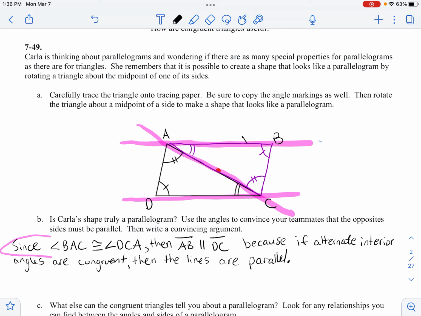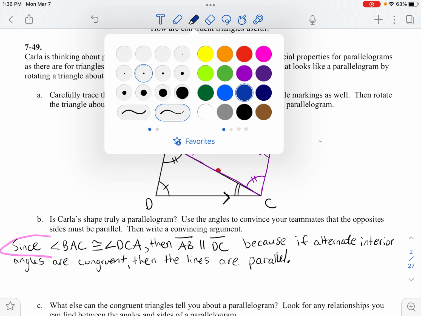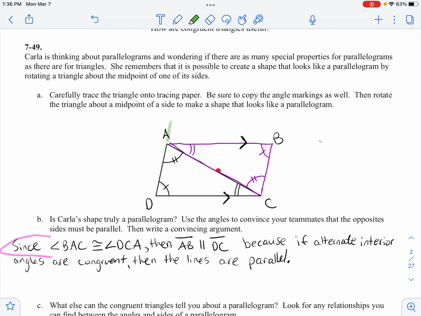But before I do that, I'm going to put in little arrow tick marks to show that I've proven this. And now what we want to do is we want to prove that the other pair of lines are parallel. So now we have to prove that AD and BC are parallel. We can use AC as our transversal.